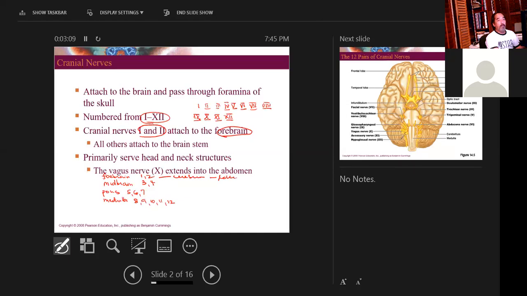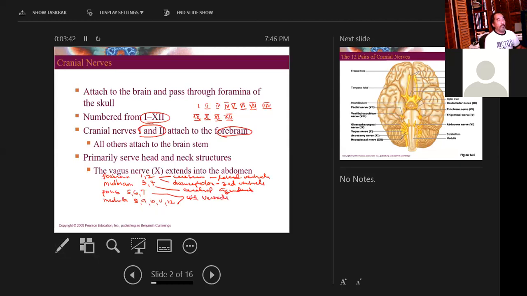That's called the lateral ventricle. What is located at the diencephalon? The diencephalon has the third ventricle. What is located at the midbrain? The cerebral aqueduct. What is located at the pons and the medulla? That's going to be the fourth ventricle.